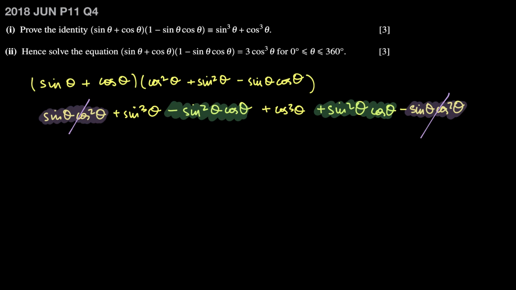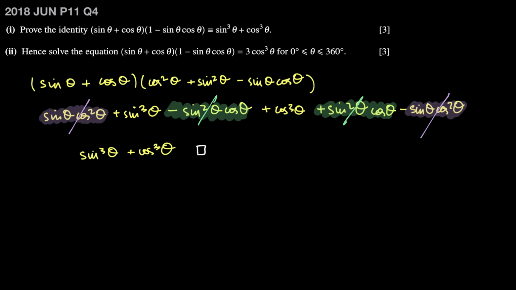So again, these two also cancel. So what we're left with is sine cube theta plus cosine cube theta. So we've proven that if we simplify the left-hand side, we arrive at the right-hand side. So both sides of this equation are equal, and hence we've proven the identity.